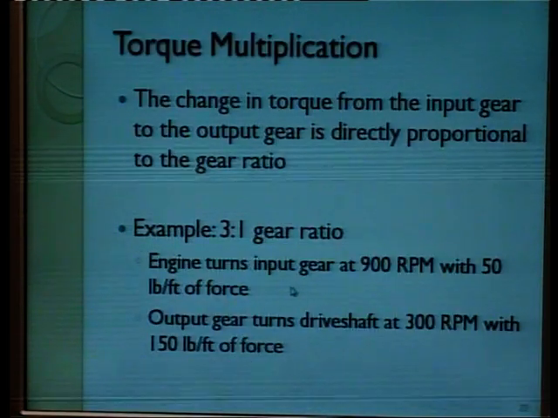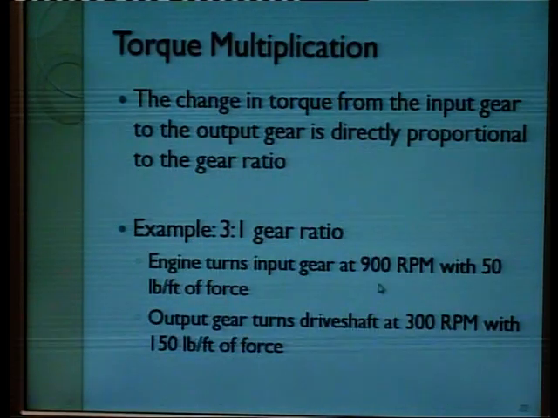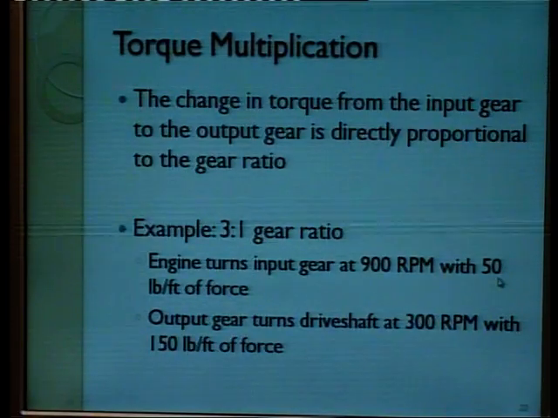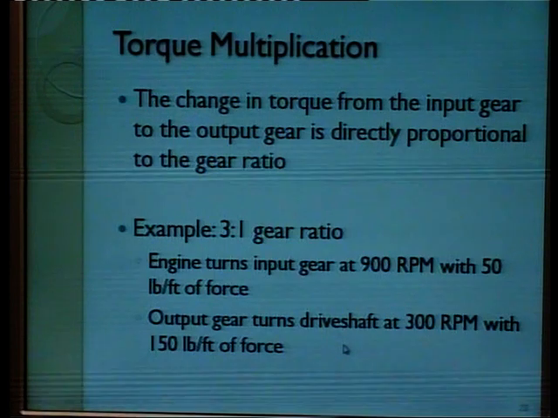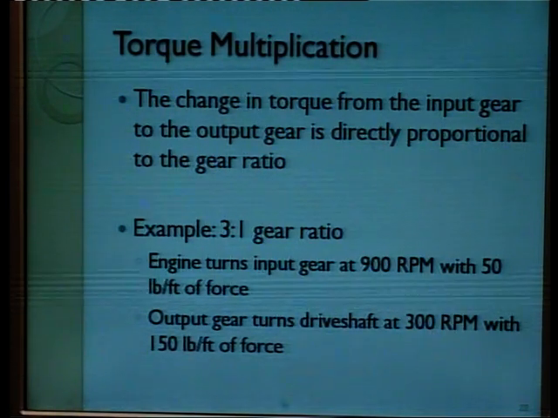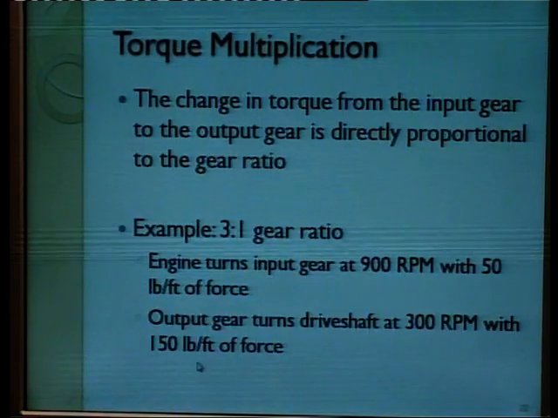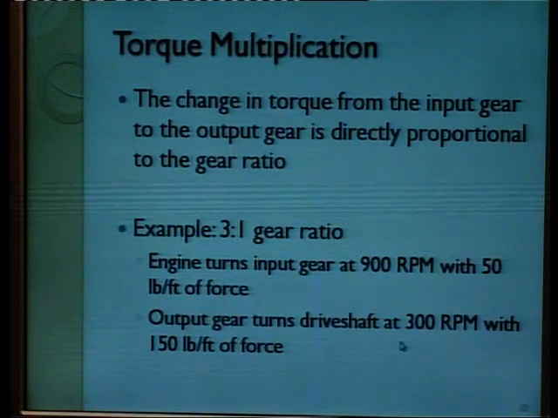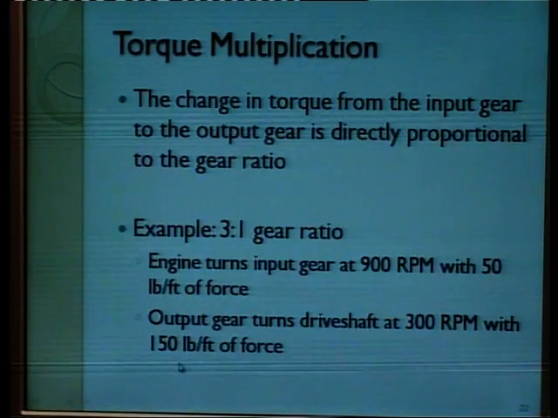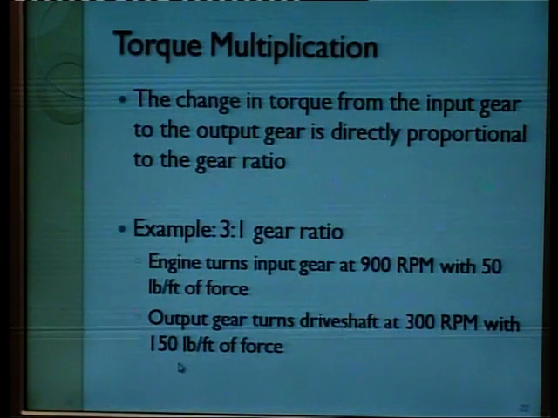So, see, the input gear has 900 RPM with 50 pound-feet of force. The output gear drive shaft will have 300 RPM with 150 pound-feet of force. So, RPM is reduced, but torque is increased.